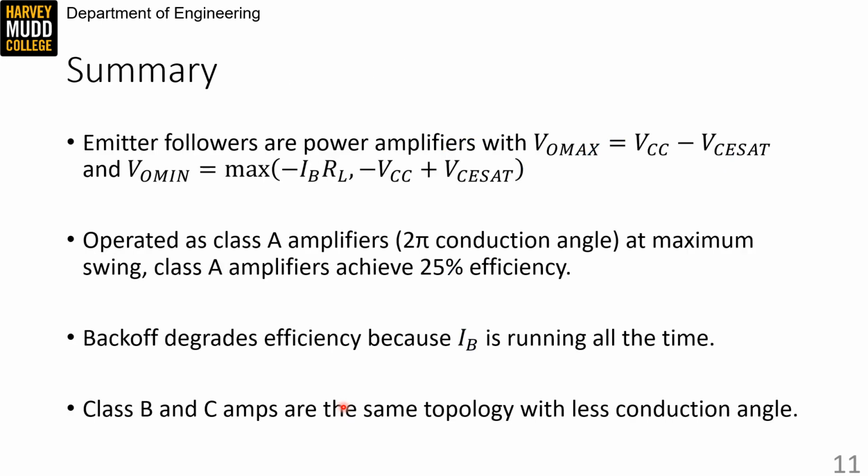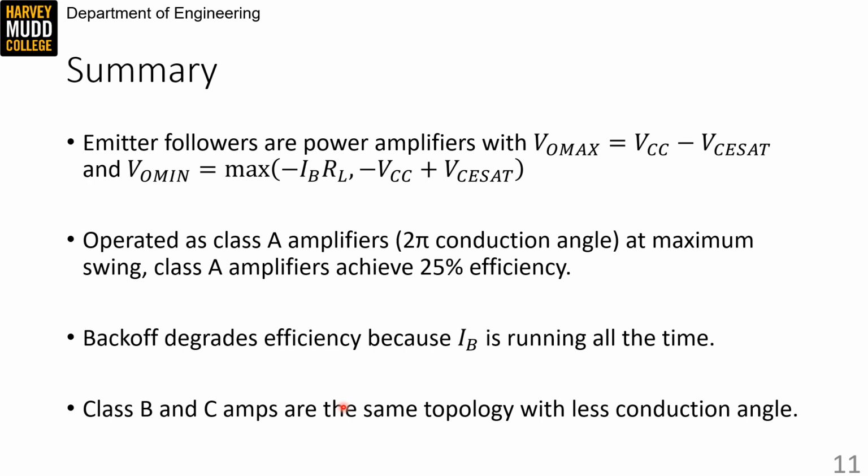So in summary, emitter followers are power amplifiers with maximum output voltage of VCC minus VCE sat, and a minimum output voltage that is given by one of two conditions, either minus VCC plus VCE sat, or minus IBRL, where all of our bias current is steered into our load, and as a result our conducting device is cut off.